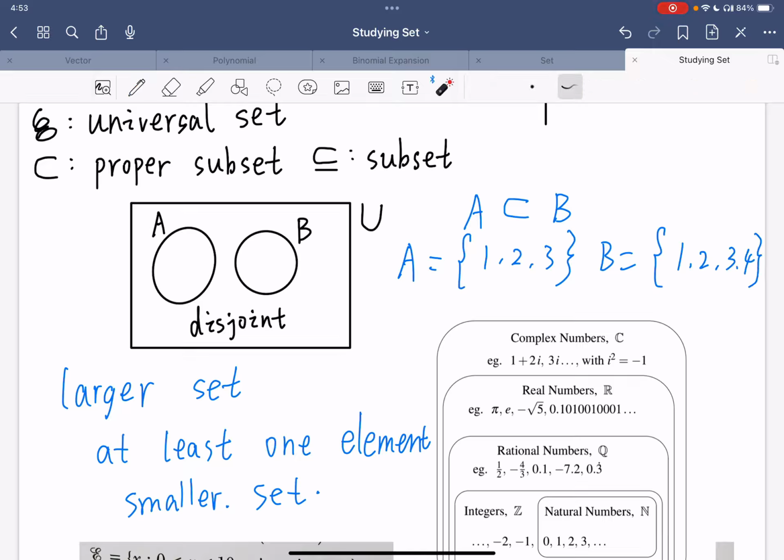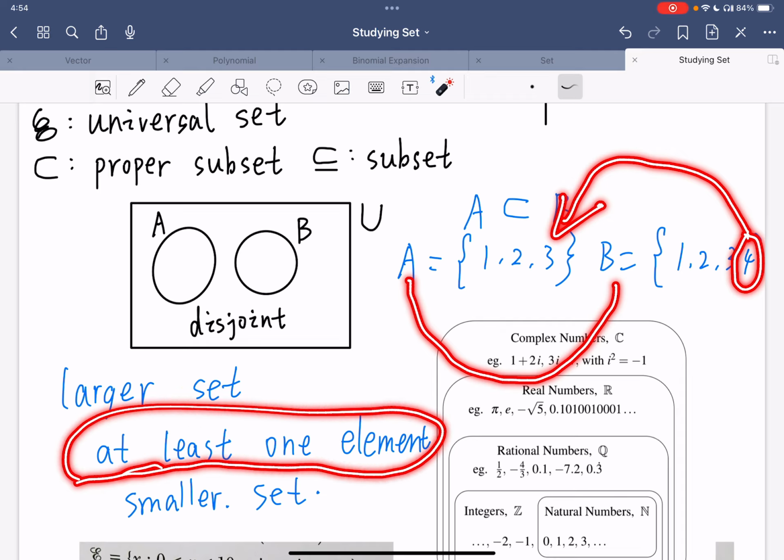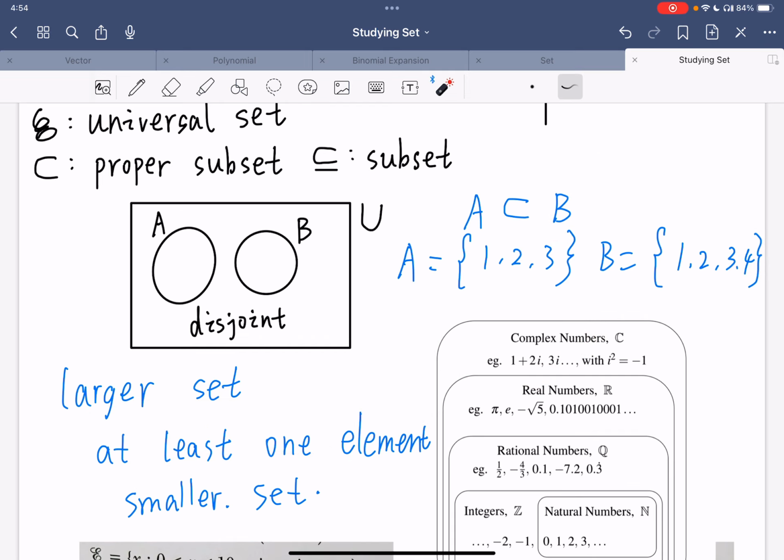Then all the first three terms are identical, but B has another element that does not belong to A. Then A is still a proper subset of B. So that is the case, at least one element different. All right.